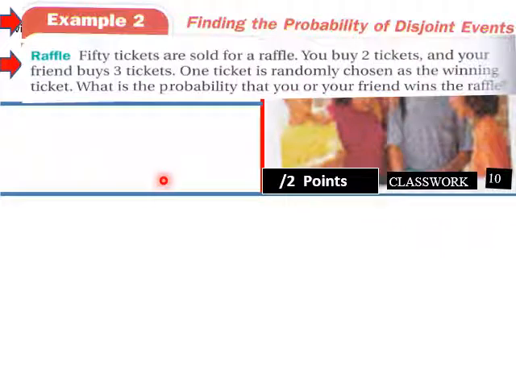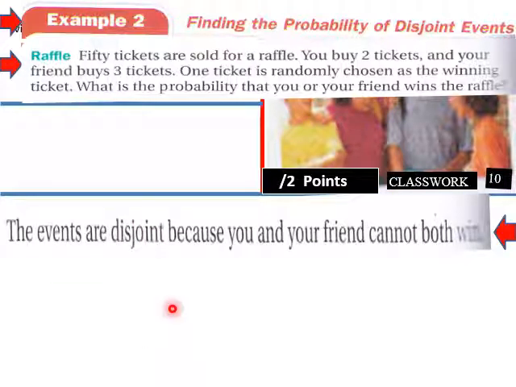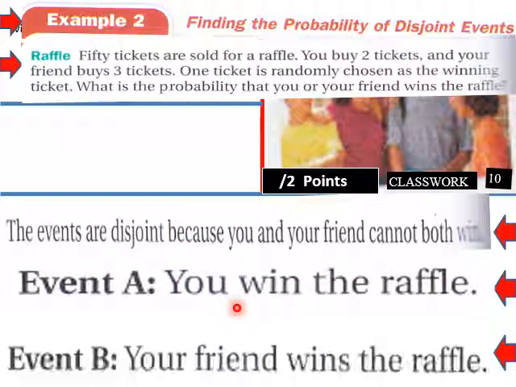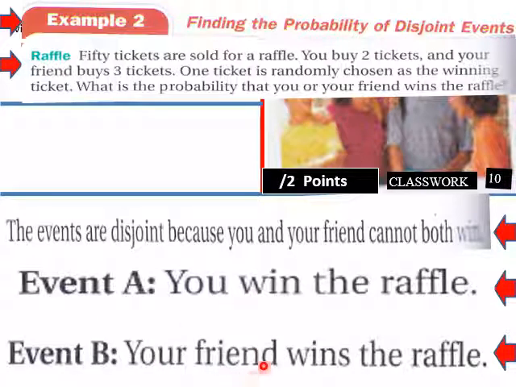So finding the probability of disjoint events: 50 tickets are sold for a raffle. You buy 2 tickets and your friend buys 3 tickets. 1 ticket is randomly chosen as the winning ticket. What is the probability that you or your friend wins the raffle? The events are disjoint because you and your friend cannot both win. Event A, you win the raffle. Event B, your friend wins the raffle.